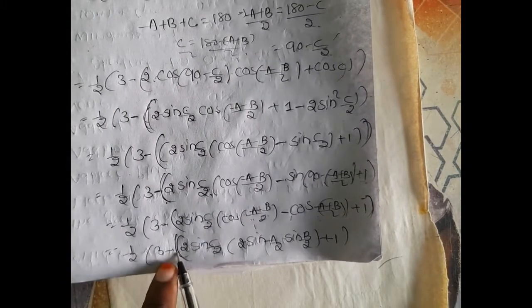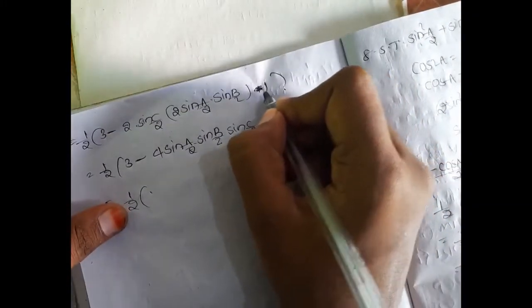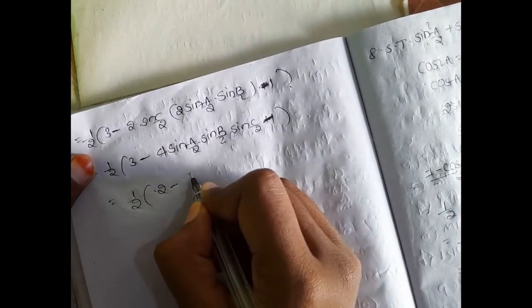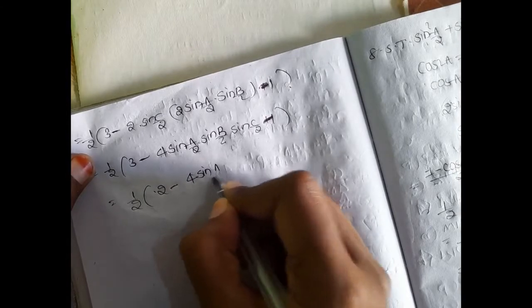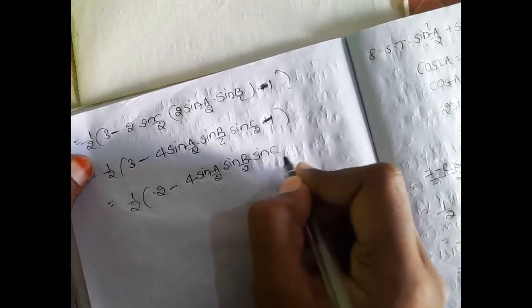When we multiply minus 2 sin c by 2, 2 sin a by 2, sin b by 2 minus 1, when we multiply the minus, here it should be minus. Okay. 3 minus 1, 2 minus 4 sin a by 2, sin b by 2, sin c by 2.